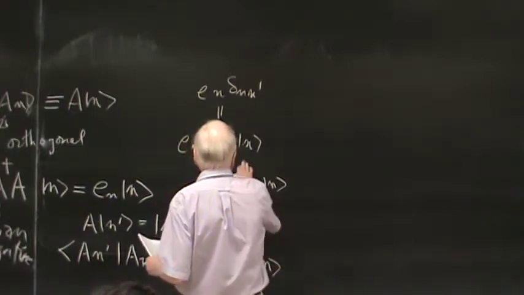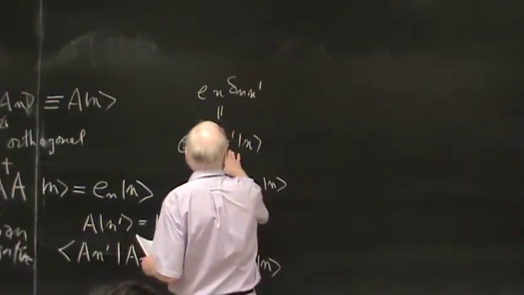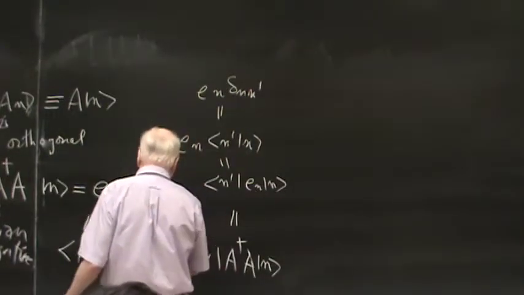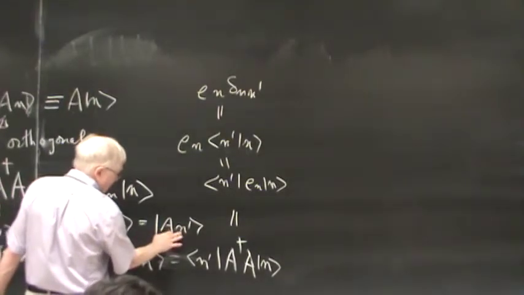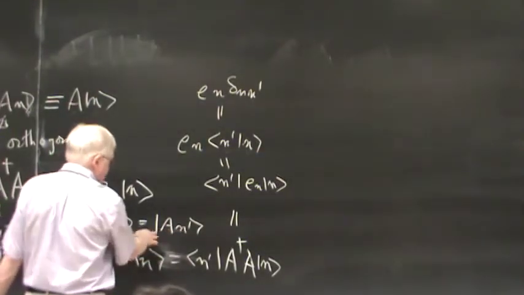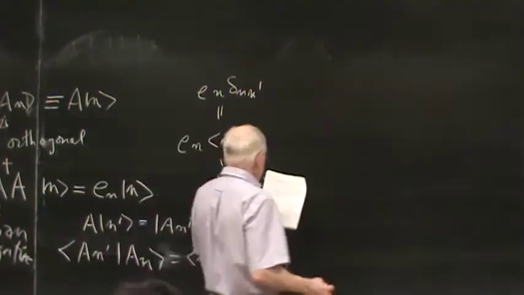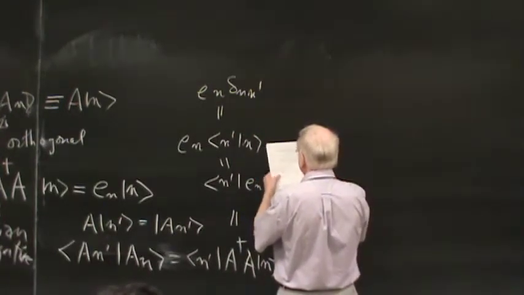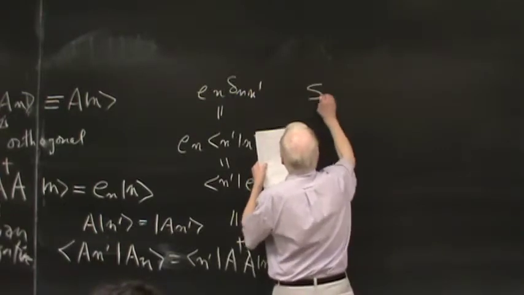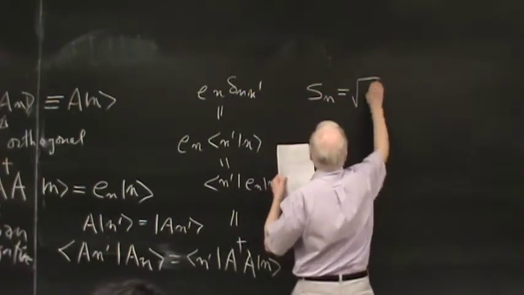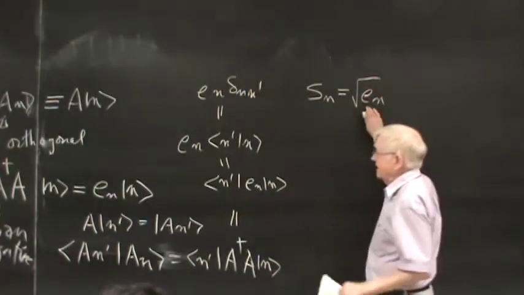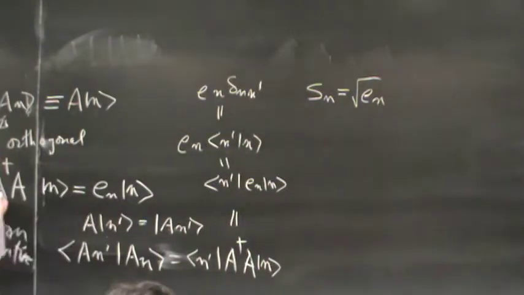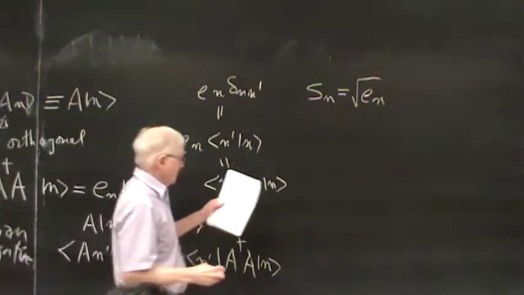So we have these vectors n, and the vectors n get mapped into these vectors A n prime, and we want these vectors to be orthonormal. And so what we do is we say that, in the square case, we just set the singular value Sn equal to the square root of En. En, of course, is non-negative because it's an eigenvalue of a non-negative operator.